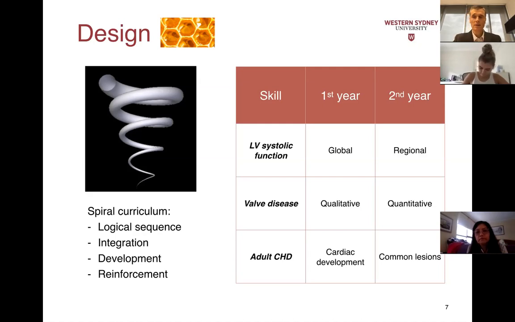And then another example, congenital heart disease. In first semester, you look at cardiac development. In second year, we'll start looking at some of the common congenital lesions. So that's a little bit of an introduction to the structure of the course and its design.